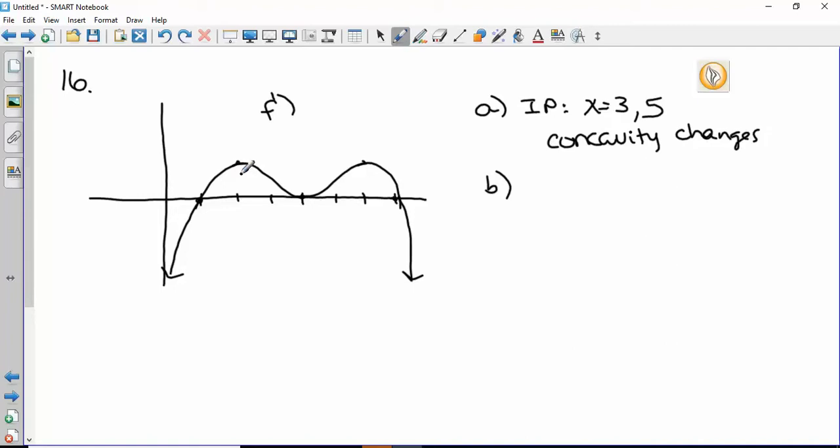So that would be here, here, and here. Those are where you have horizontal tangent lines, so that's where the derivative of this thing would be 0. So that is where we would have our inflection points. So that's at x equals 2, 4, and 6. And our reason is horizontal tangent lines.